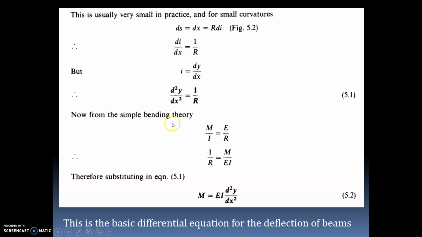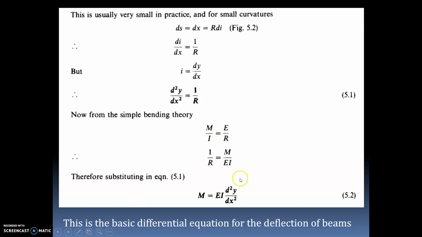Now based on the simple bending theory, all of you know the bending theory, M divided by I is equal to sigma divided by y is equal to E divided by r. Here the first and last terms are used, M divided by I is equal to E divided by r. So if you write in terms of 1 divided by r, this becomes M divided by EI. 1 divided by r is equal to M divided by EI.